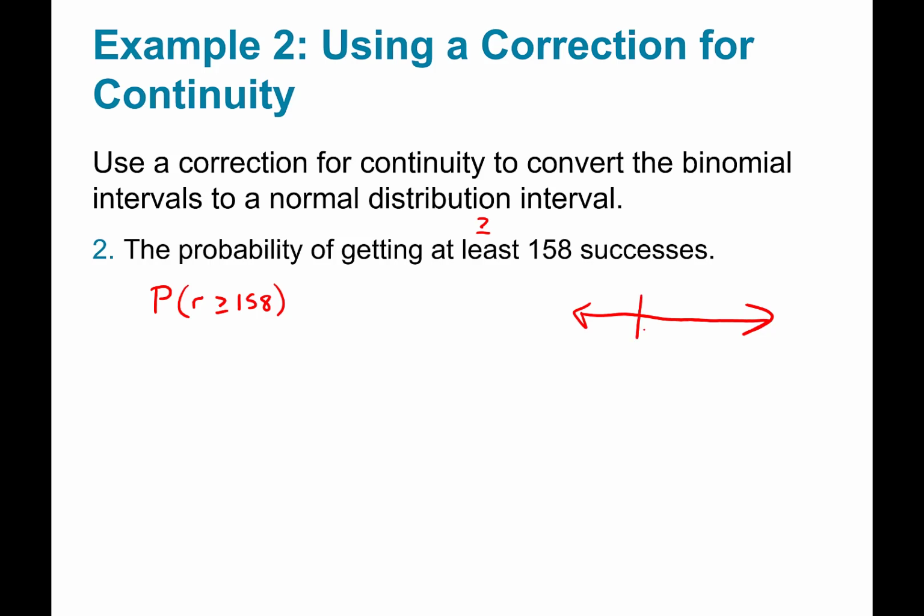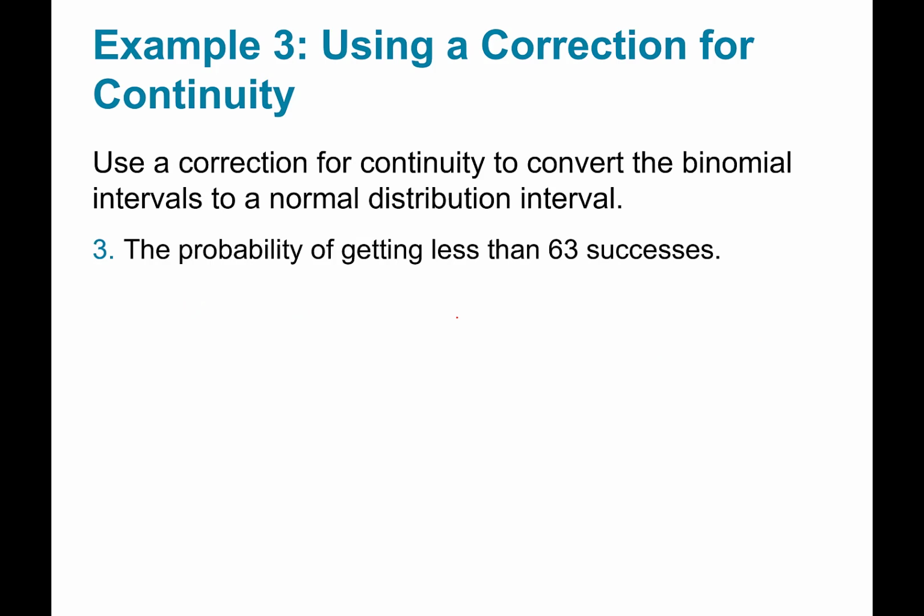Everything greater than or equal to 158 is everything from 158 on up to the right. To make this continuous, because it's a left-hand endpoint, we subtract 0.5. So this is the probability that x, as we do our continuity correction, is greater than or equal to 157.5, because we subtract 0.5 from 158.